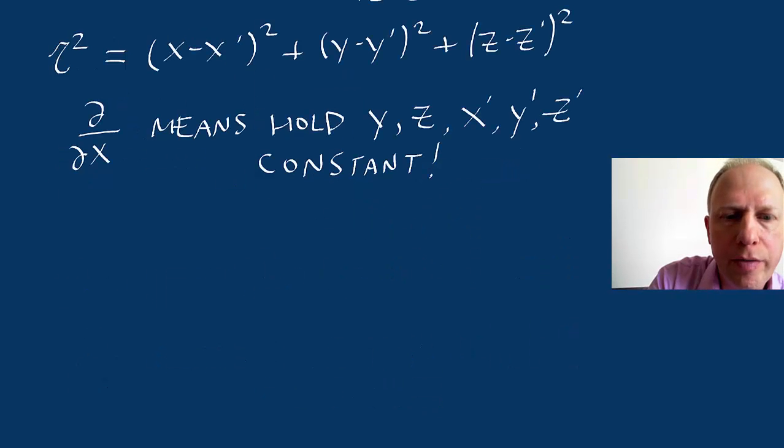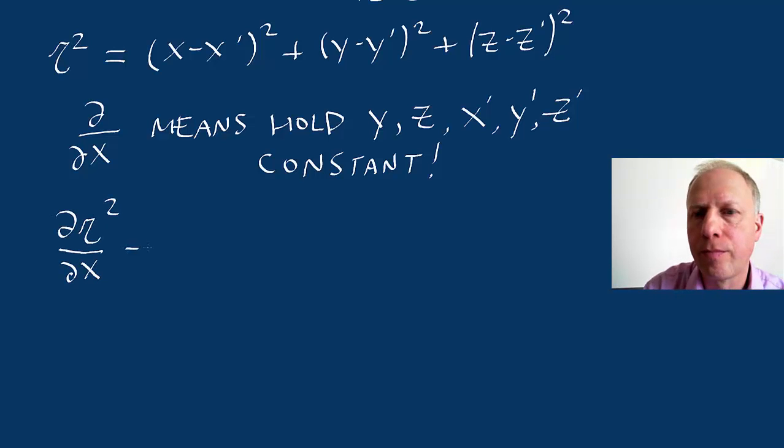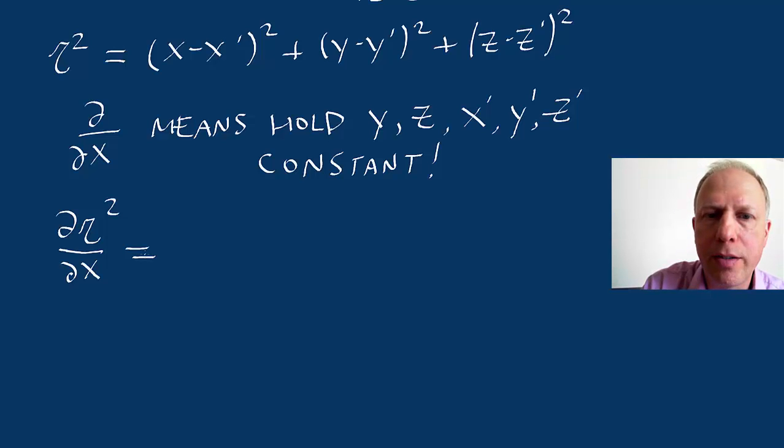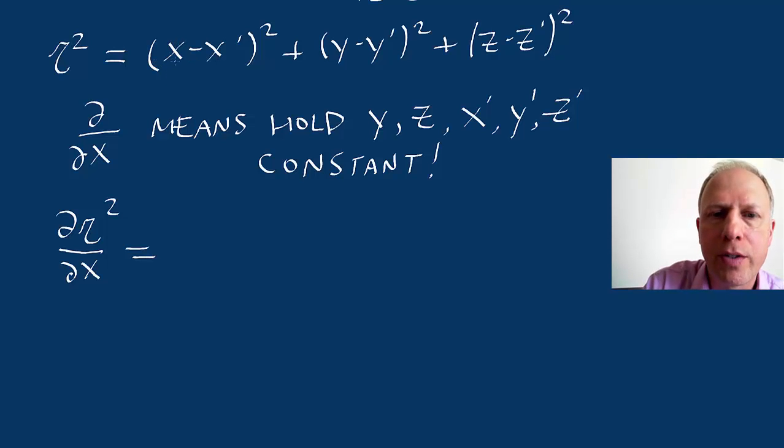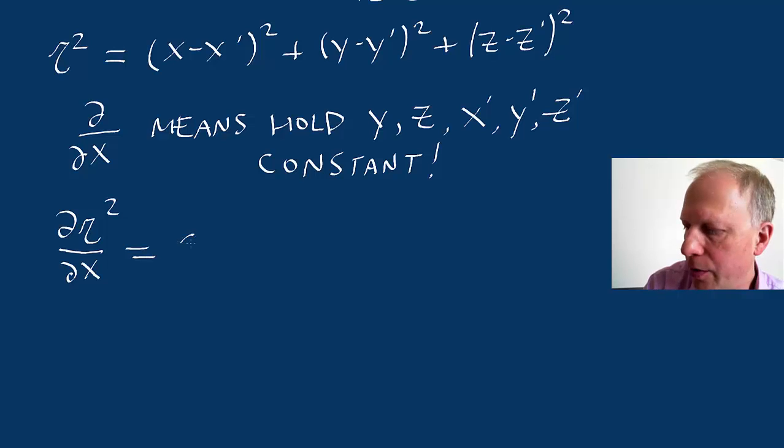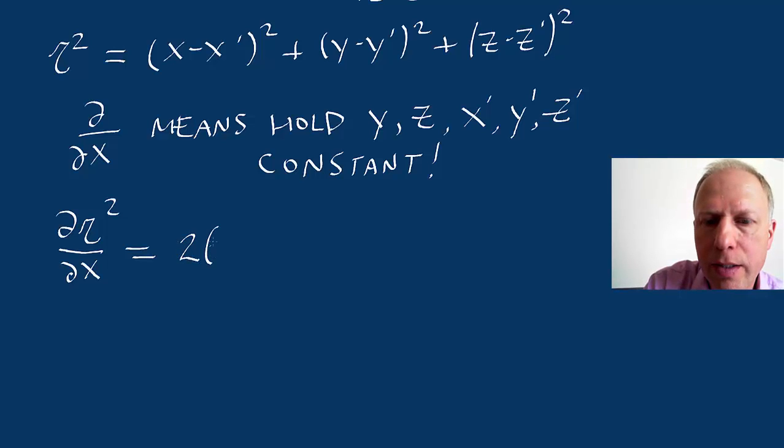So the partial derivative of script r squared with respect to x, the only place where x appears in the equation is right here at the beginning. So the partial derivative of this first term with respect to x is 2 times x minus x prime.